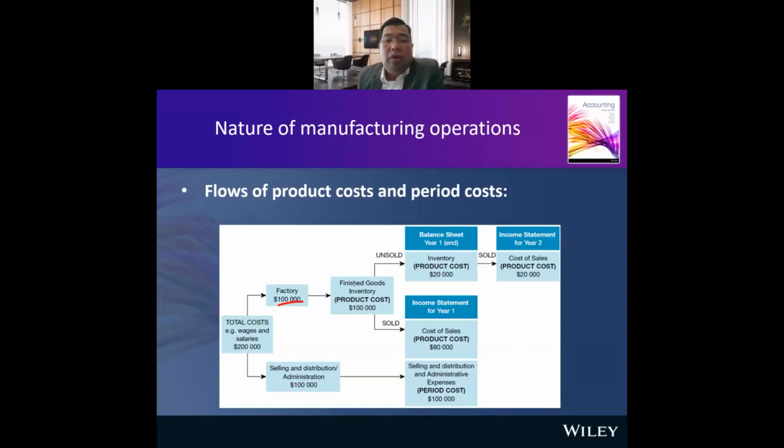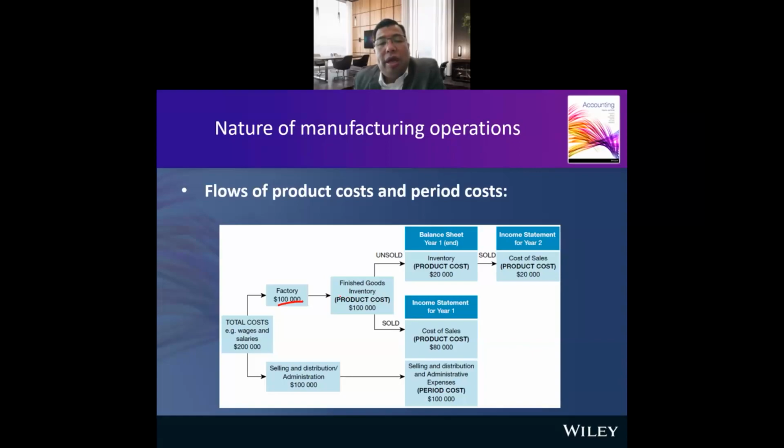Okay. So the finished goods, the products, have a total cost of 100,000. We can split this into sold and unsold items. If we sell all these items, the product cost will be our cost of sales.